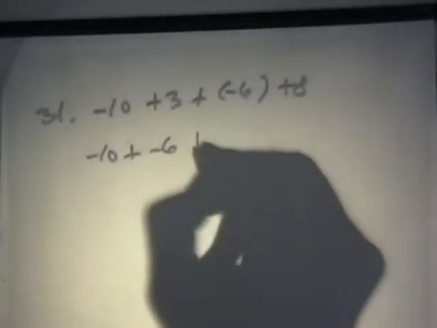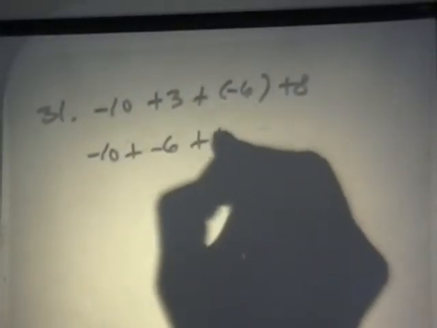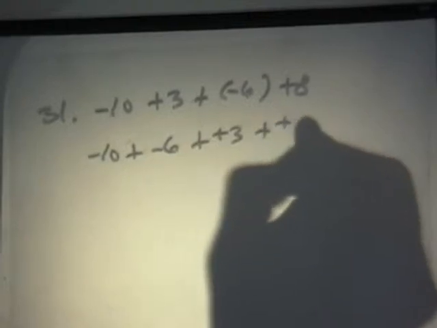What would be a good thing to do to make it a lot easier so that you will not make a mistake? Let's group all of the numbers together that have the like sign. So what will we do? Let's group the negative 10 plus the negative 6 plus the positive 3 plus the positive 8.